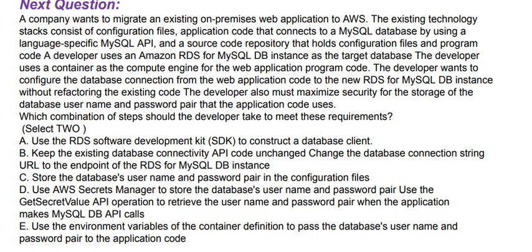A developer uses an Amazon RDS for MySQL DB instance as a target database. The developer uses a container as the compute engine for the web application program code. The developer wants to configure the database connection from the web application code to the new RDS for MySQL DB instance without refactoring the existing code.